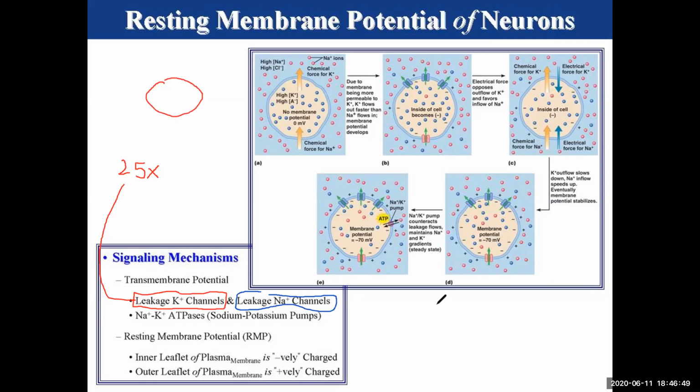So you will have potassium leaving because potassium is much more concentrated on the inside. So you have a potassium efflux. You also have sodium coming in, so sodium influx.